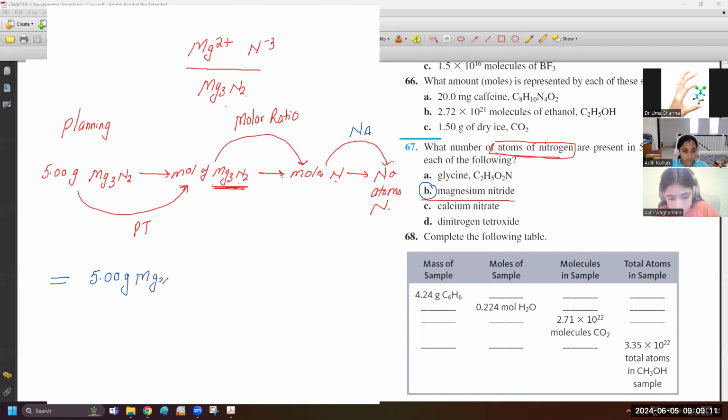Okay, so plug in the ratio, first ratio. 1 mole of Mg3N2 over... Avni has given me the molar mass somewhere as 100.95. Can you check? Is she right? 24.81, 3 magnesium and 2 nitrogen.